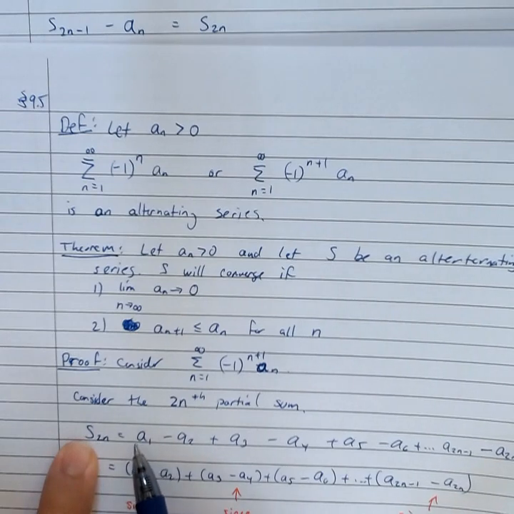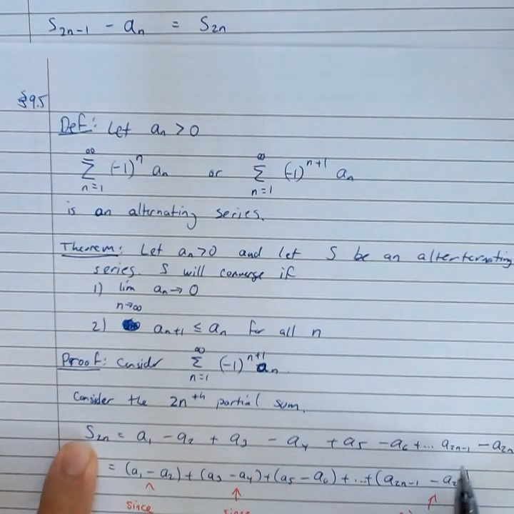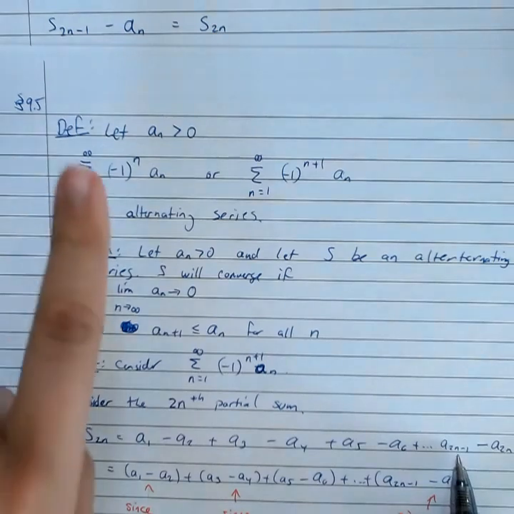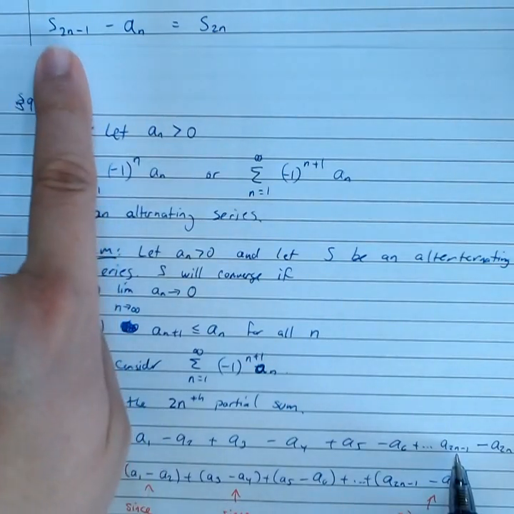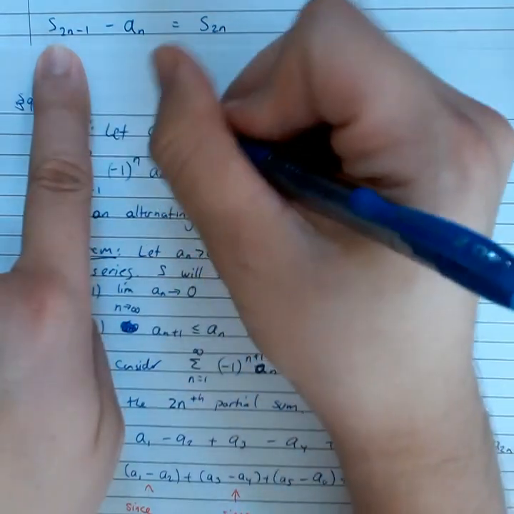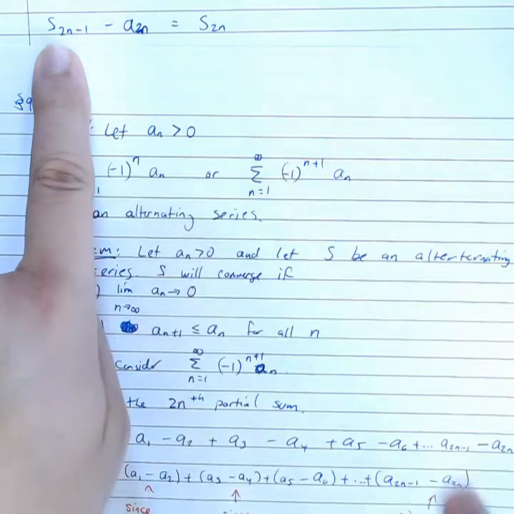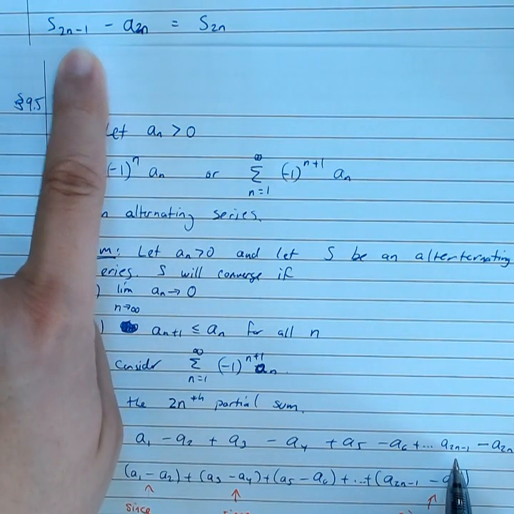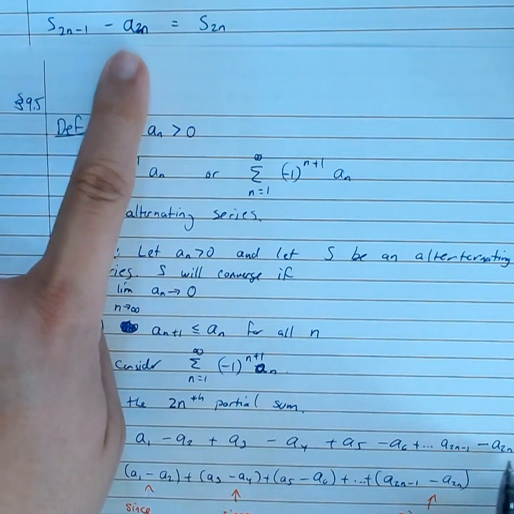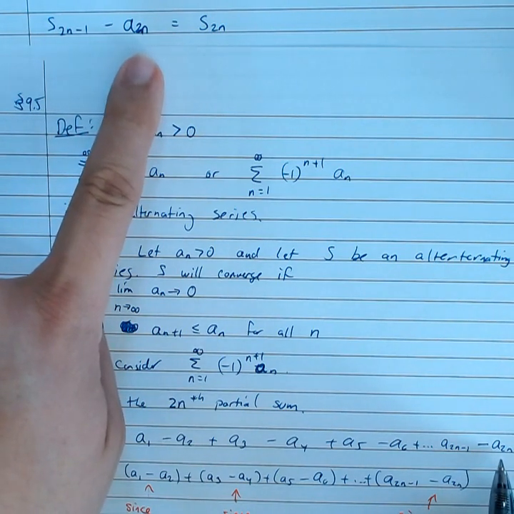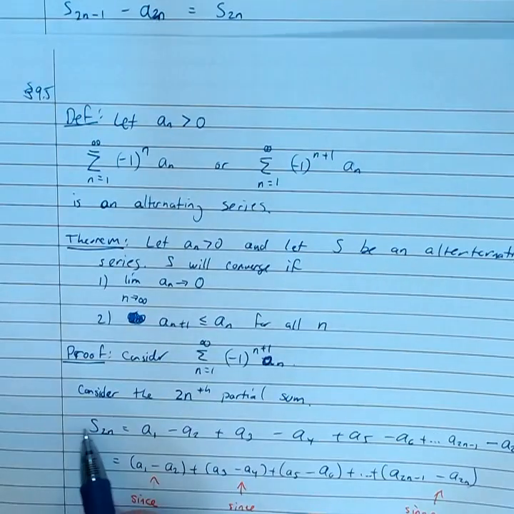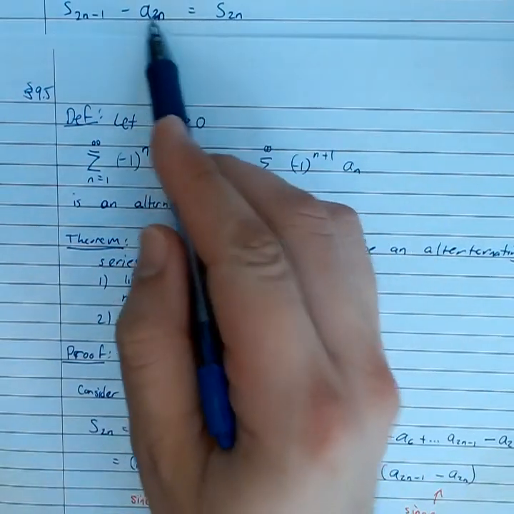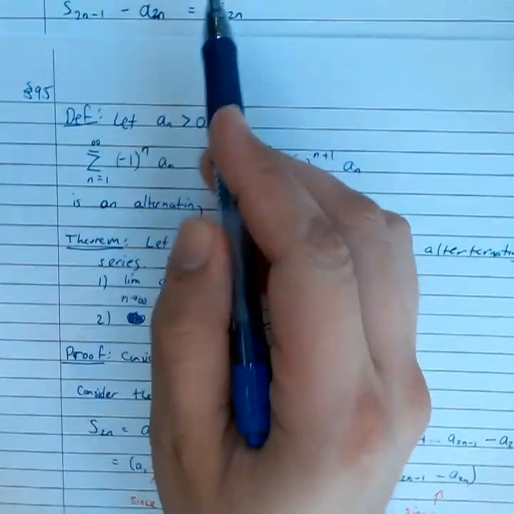From the very first term up to the 2n minus first term, that's S sub 2n minus 1. Now, if I just subtract that one extra term, and that should be a 2n right here, then I get back my S sub 2n.